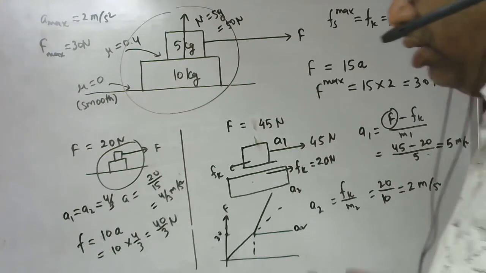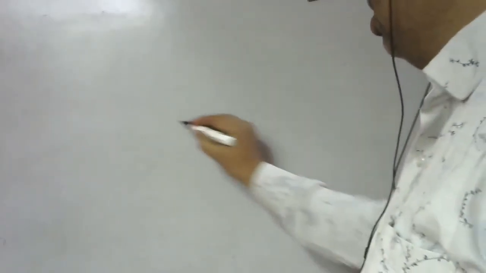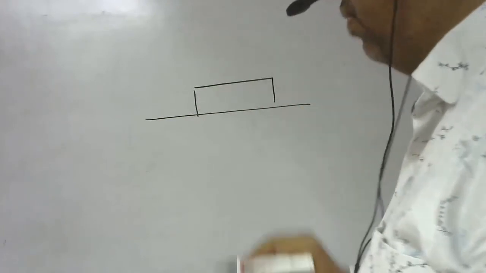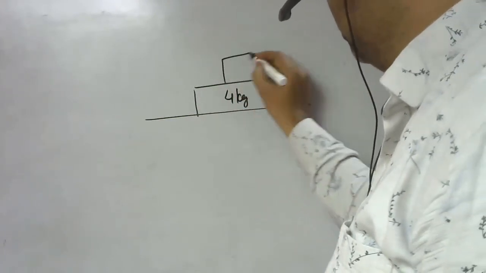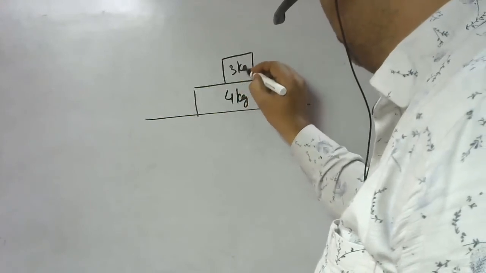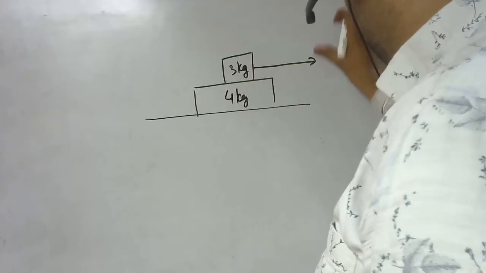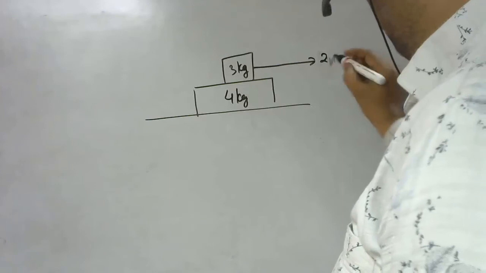I'm going to give a question for the viewer also here. Now I have two blocks. Suppose this is 4 kg and this is 3 kg, and the force is 21 Newton.